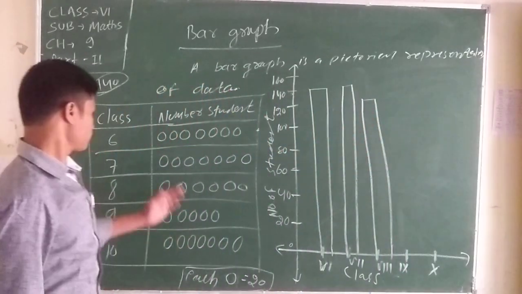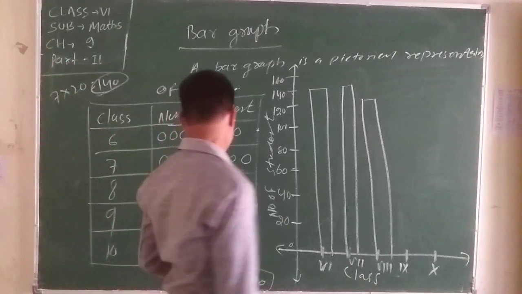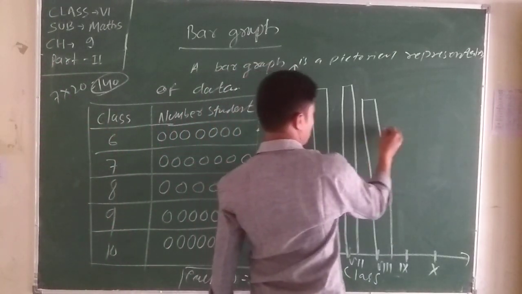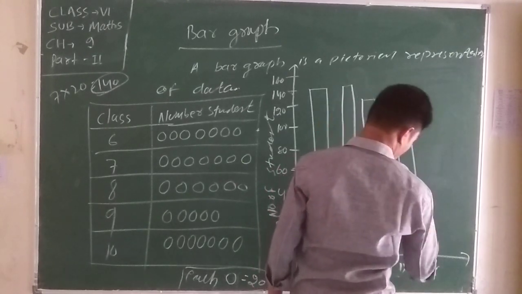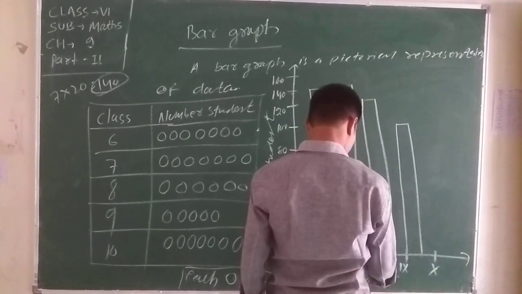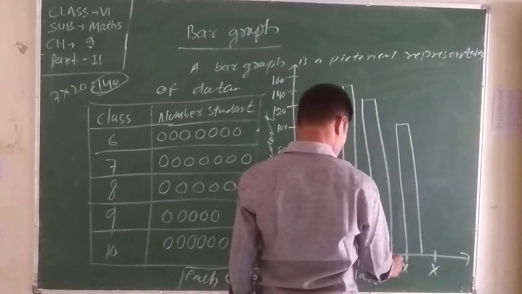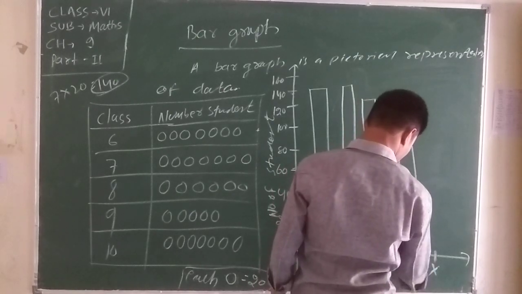Now 9th class: 5 into 20 is 100. In class 9, 100 students are there. Here 6, 7, 8, 9 class.